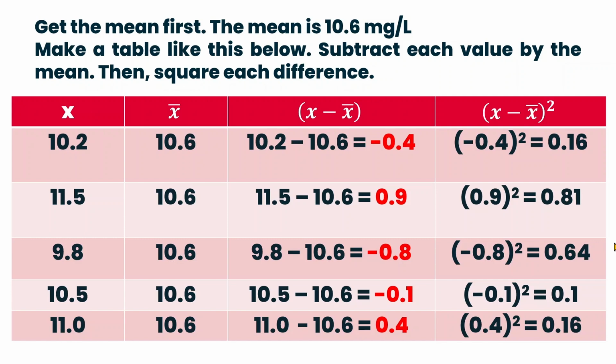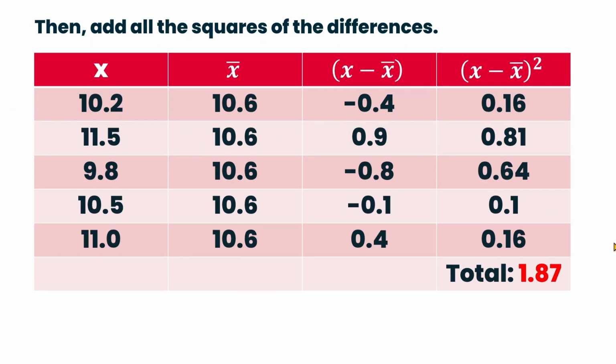So you have to add 0.16, 0.81, 0.64, 0.1, and 0.16. The answer to that is 1.87. The last two steps are to divide 1.87 by the number of observations or measurements.